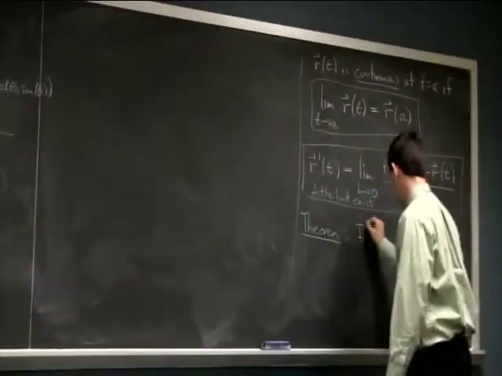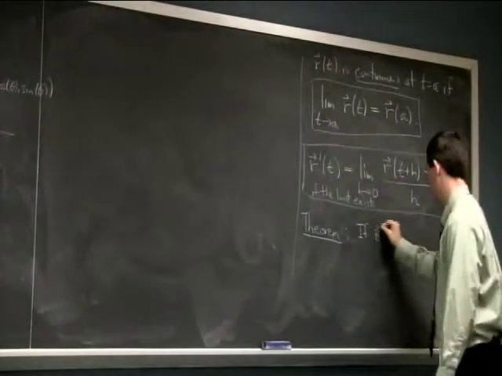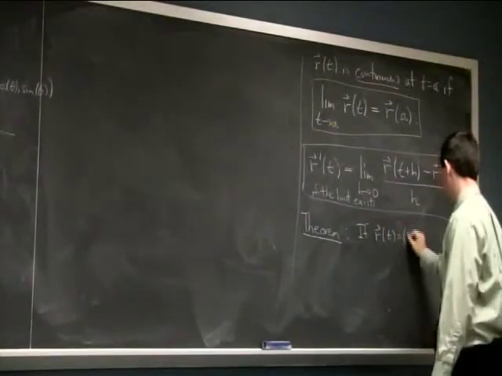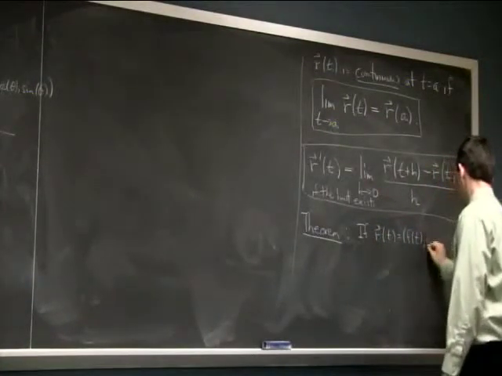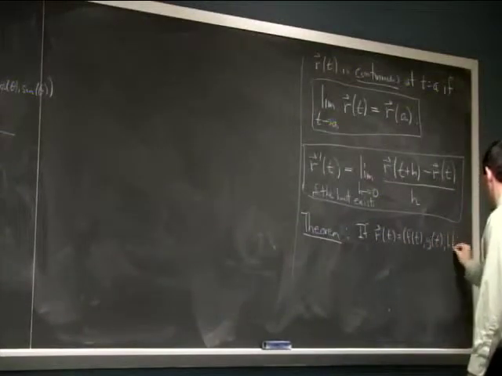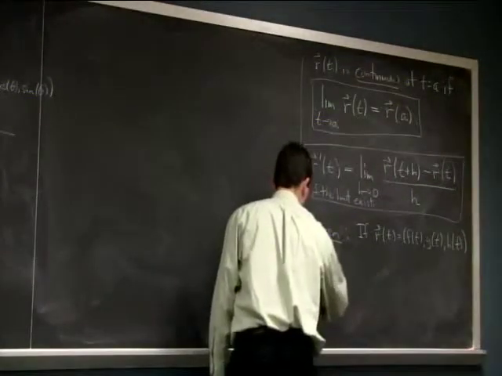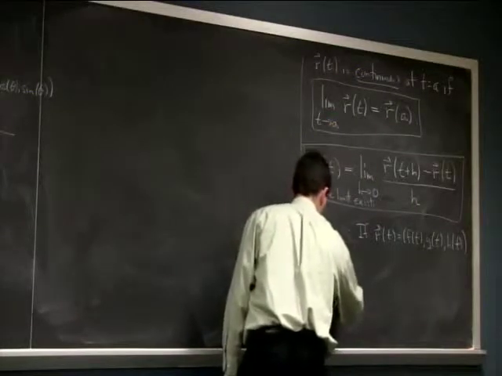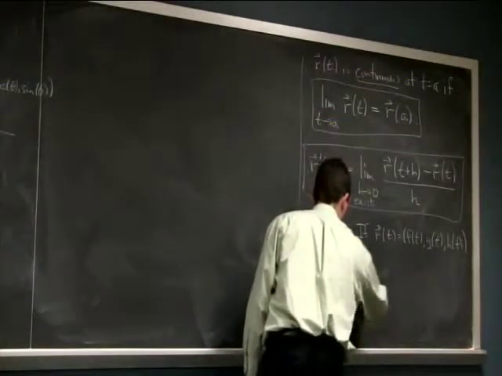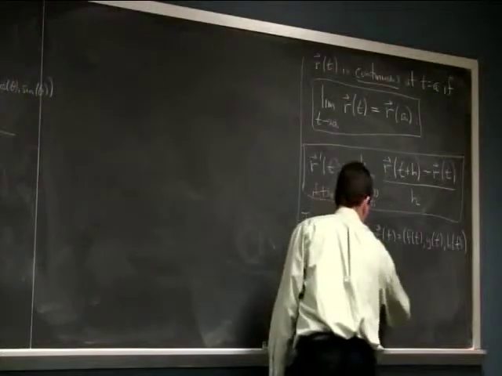So we have r of t equals f of t, g of t, h of t is a vector function. Let's say a differentiable vector function.